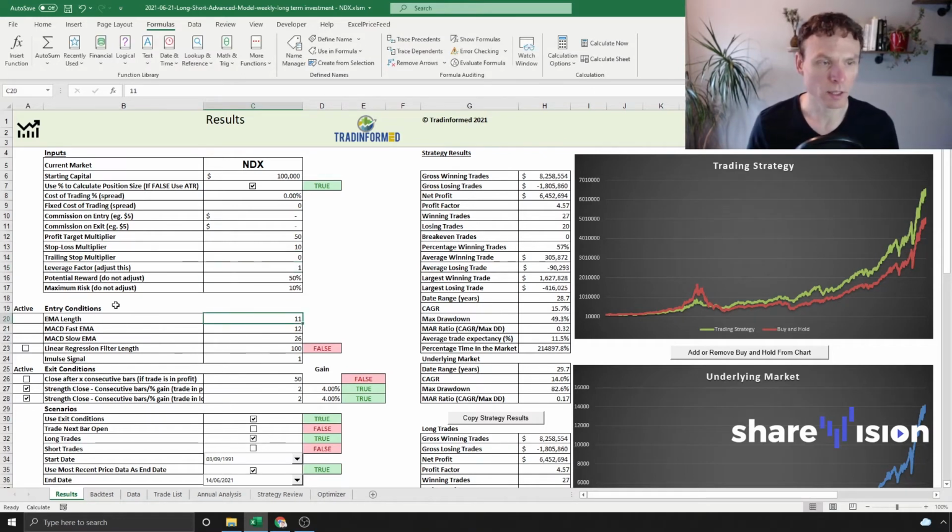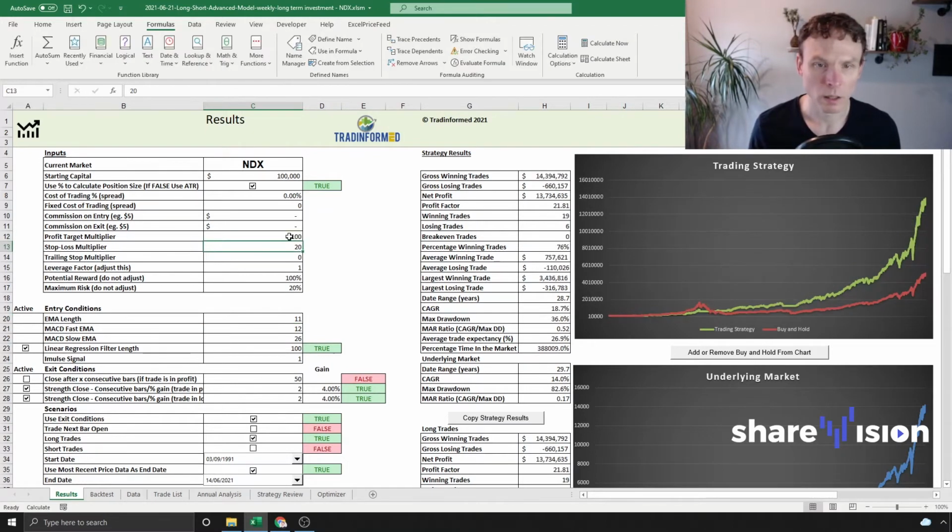Okay, so these are the conditions for the impulse indicator. 11-week EMA, standard settings for the MACD, and there's our linear regression filter. And we can see here, as we adjust the profit target, stop loss, and the entry filter, the linear regression, we can see things change.